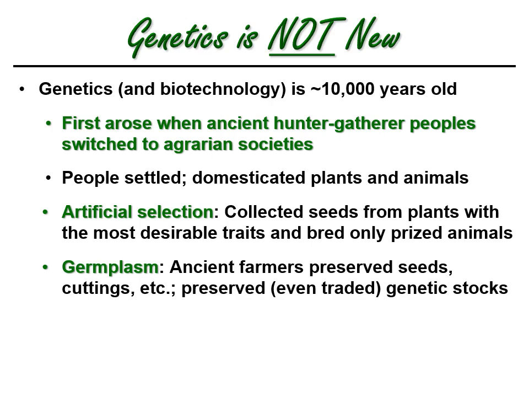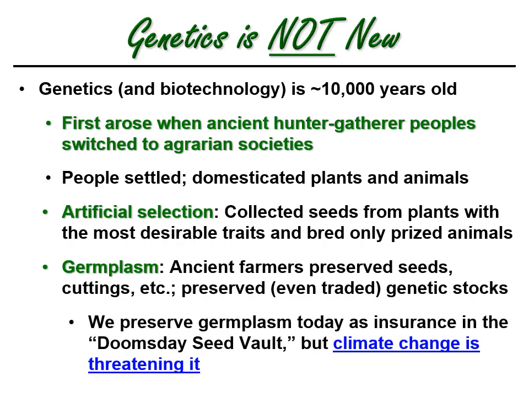We are in doomsday scenario preparation all the time. Those things that go extinct out in the wild, we still have cuttings and seeds and germplasm of those organisms. So we preserve germplasm today as insurance in doomsday seed vaults. But climate change is threatening it.